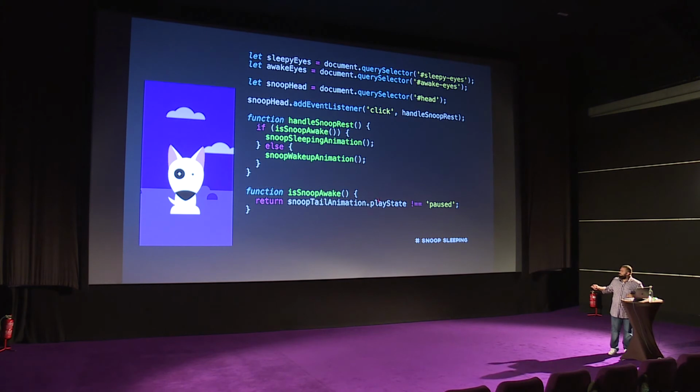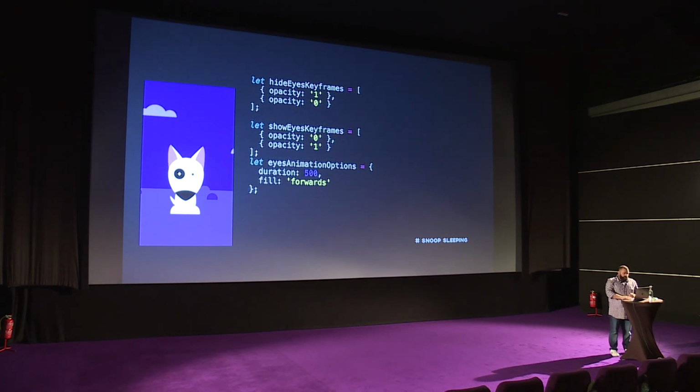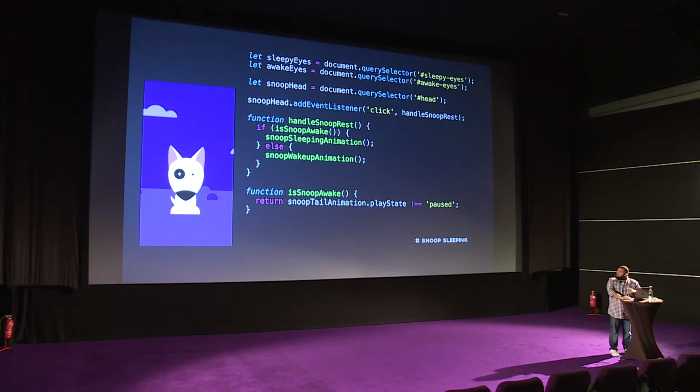And here I'm using this playState parameter to know if his tail is shaking or not. If the tail is shaking, it's because he's awake, otherwise he's sleeping. And relying on that, I call the function to tell Snoopy to sleep, and the other function to wake him up.